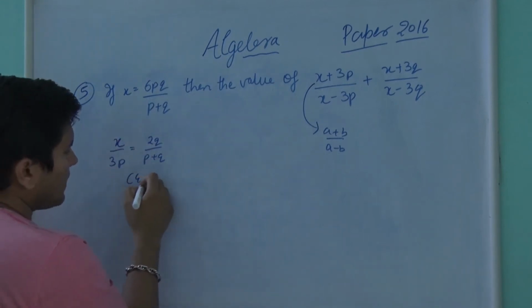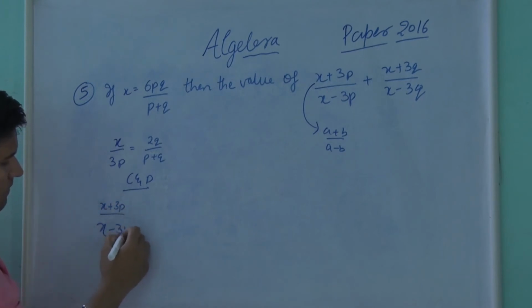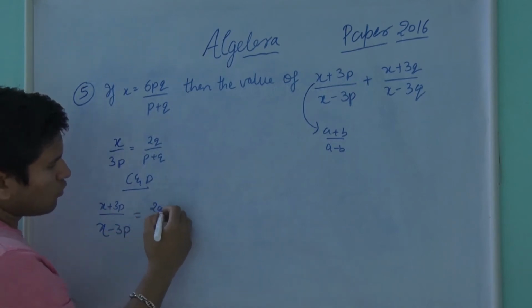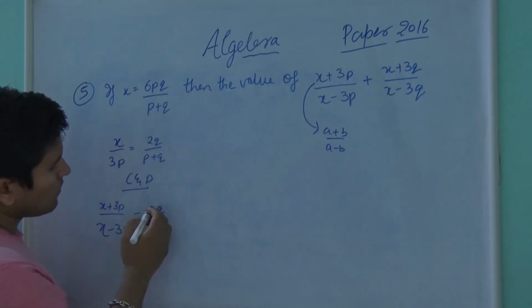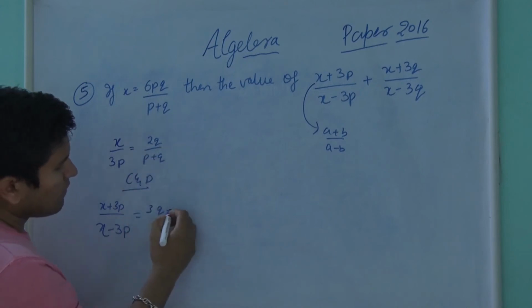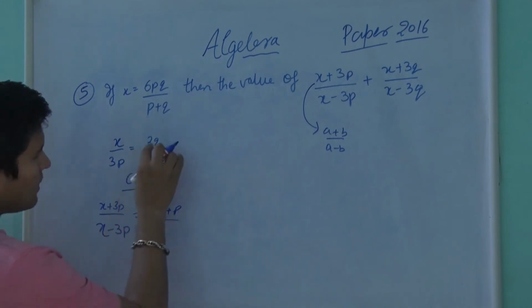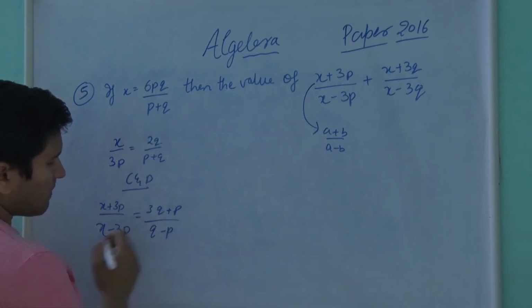If you apply componendo and dividendo here, then you will get x plus 3p upon x minus 3p equals 2q plus p upon... if we add, then we will get 3q plus p, and if we subtract in both, then 2q minus p will become q minus p.